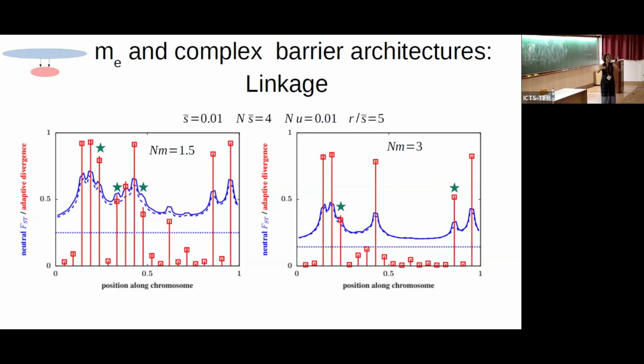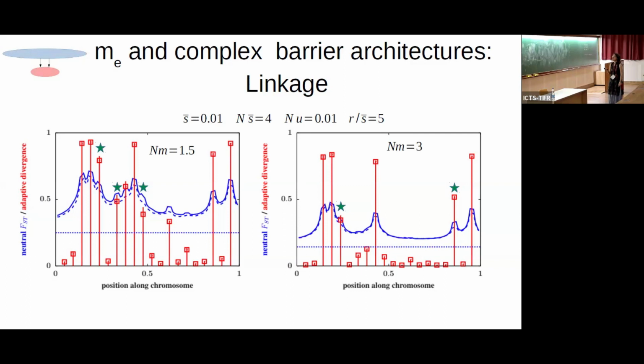But because they are embedded in this genome as a set of loci, and they're affected by all these other loci, they are able to maintain relatively high levels of divergence. The fact that these loci show strong, or at least somewhat strong, divergence is really a consequence of interference between loci.